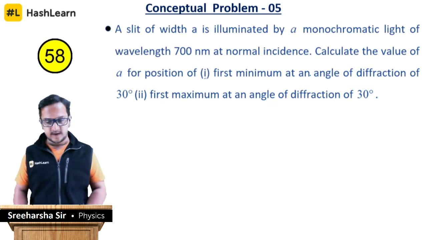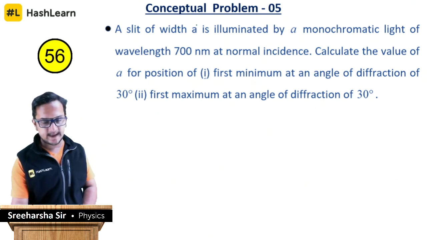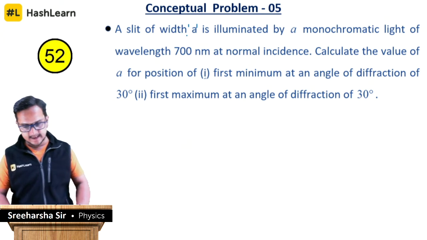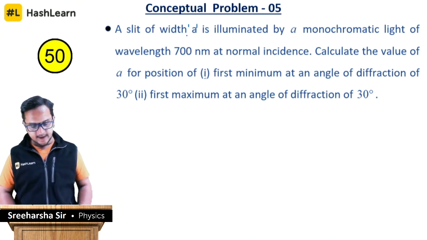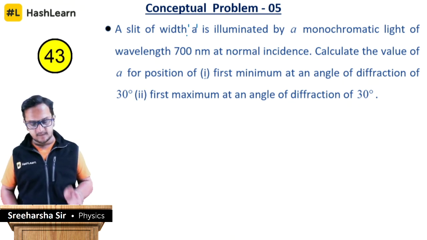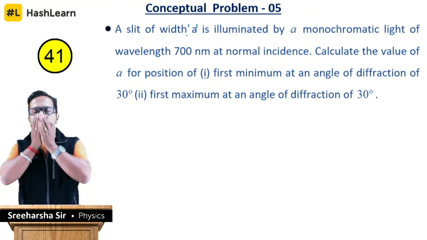A slit of width A is illuminated by a monochromatic light of wavelength 700 nanometers at normal incidence. Calculate the value of A for the first minima at an angle of diffraction of 30 degrees and first maxima at an angle of 30 degrees.